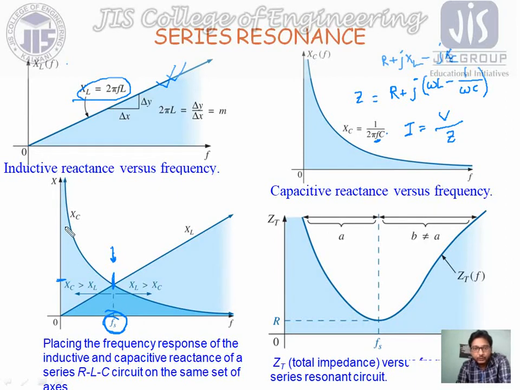So before the resonance frequency the circuit has a capacitive effect, that's why it is written that XC is greater than XL, and after the resonance frequency our XL is greater than XC. It's very clear from this graph that after the resonance frequency, at a particular frequency, the inductive reactance is this much and the capacitive reactance is only this much.